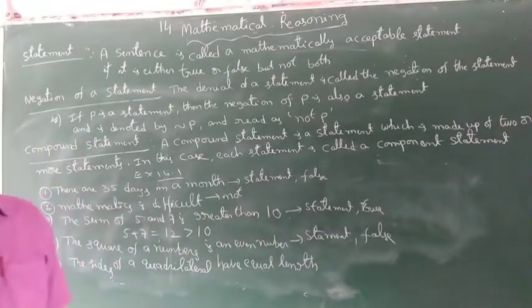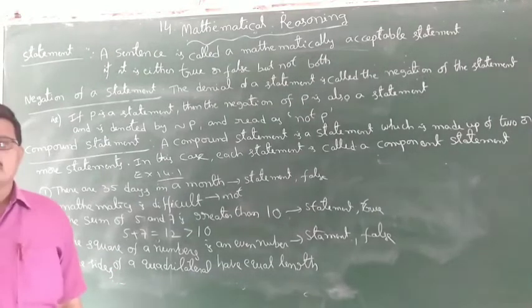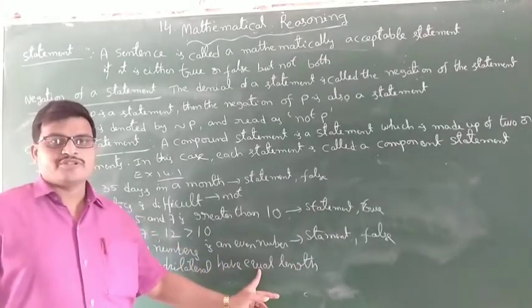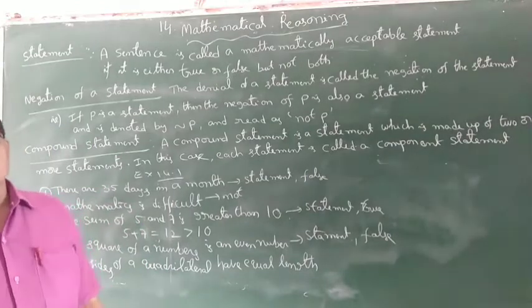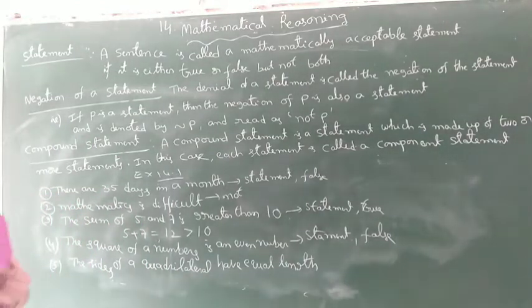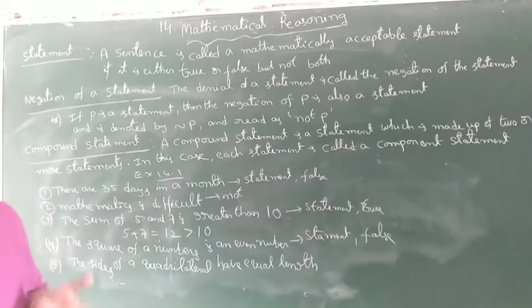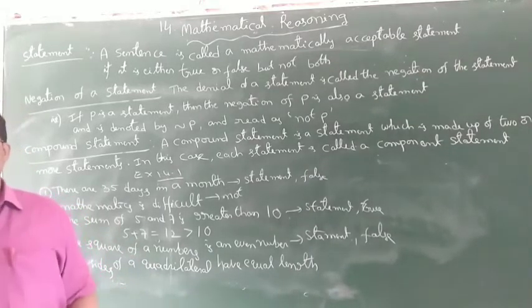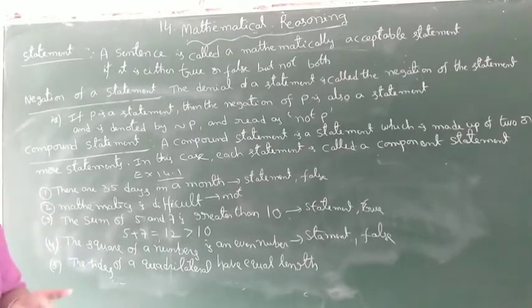Quadrilaterals include square, rectangle, rhombus and parallelogram. A quadrilateral has four sides. With four equal sides and equal diagonals, it is a square. With four equal sides and unequal diagonals, it is a rhombus. With opposite sides equal but diagonals unequal, it is a parallelogram. So there are different types of quadrilaterals, and this is a statement.